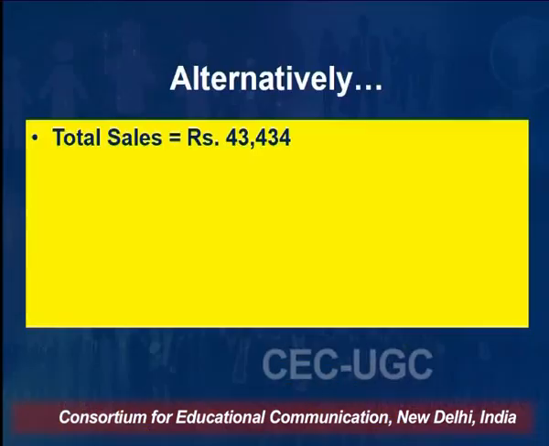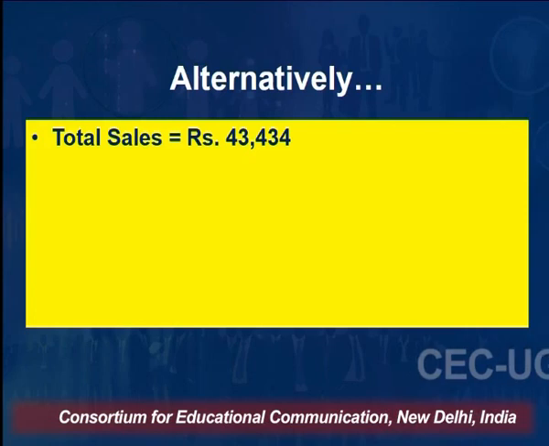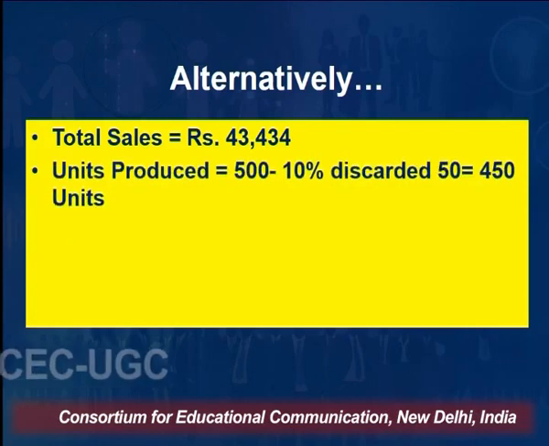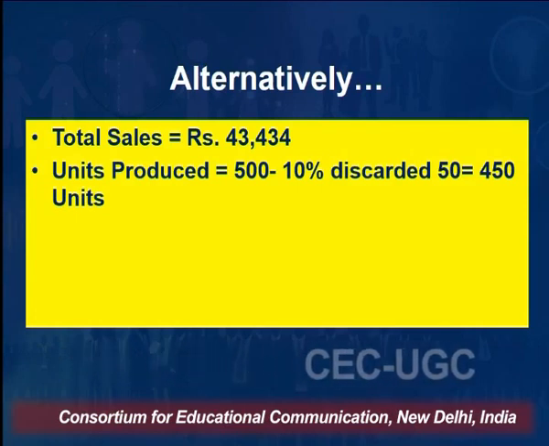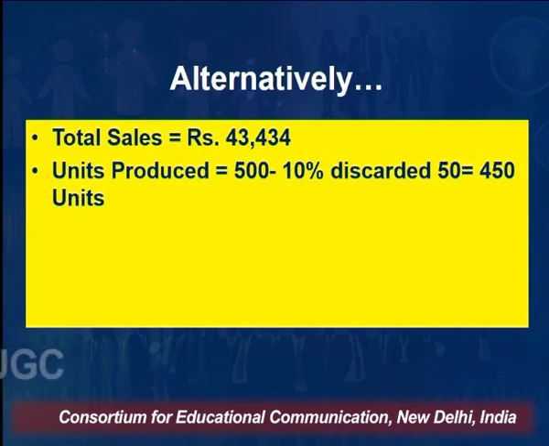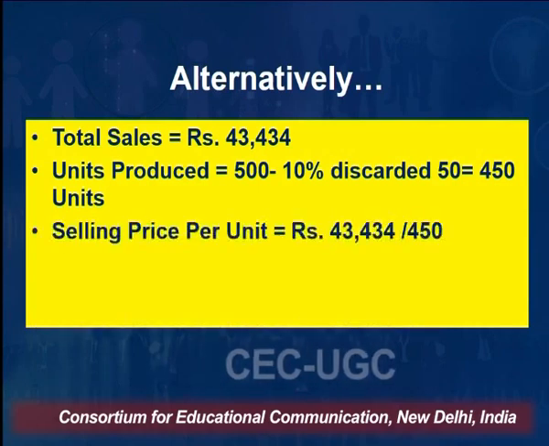Now looking at the alternative situation where the student assumes that the net output is not 500. Here we have assumed that the net output is 500 units. So alternatively, suppose a student thinks that the sales value remains the same, 43,434, and assumes that after discarding 10% of 500 units, 450 units is going to be the net production.